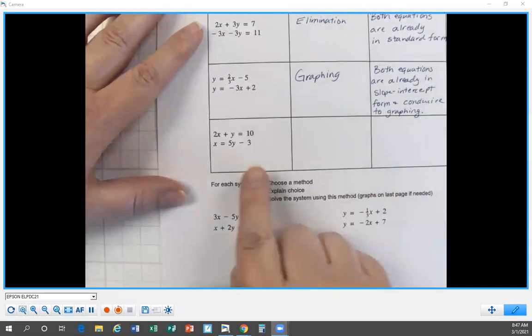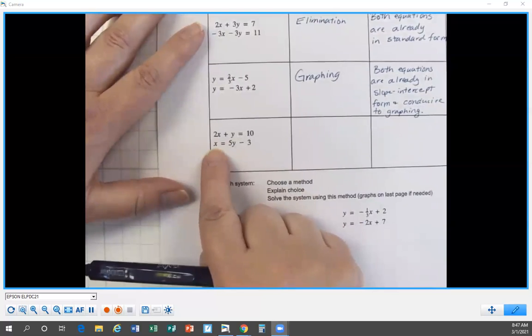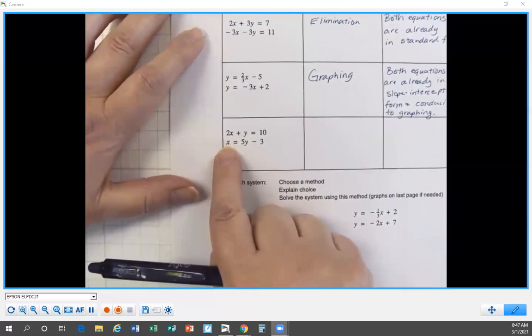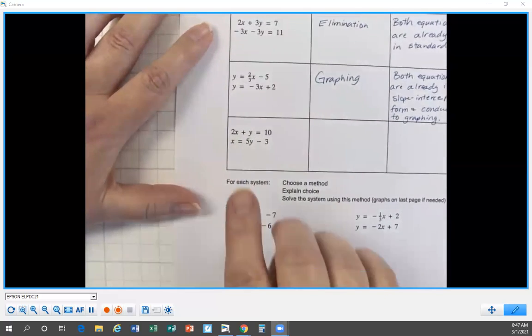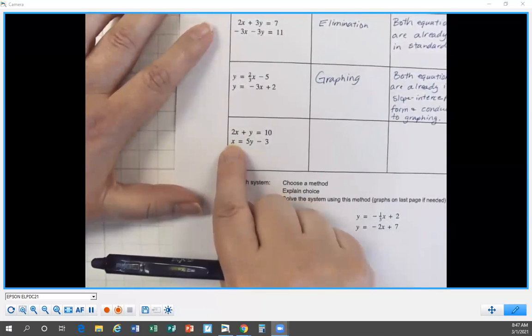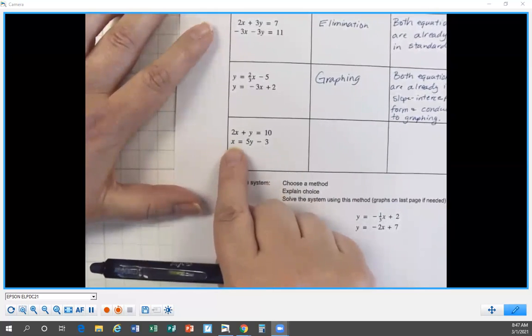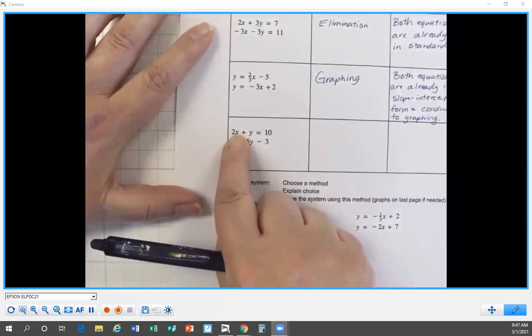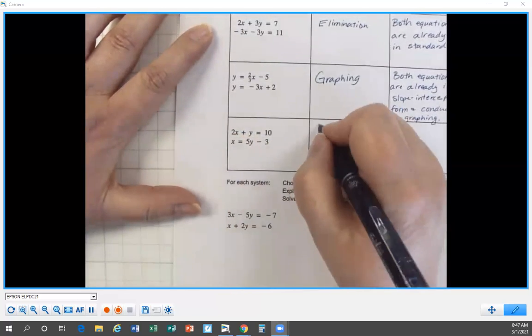And then when we look at the third example here, substitution, we see one of the equations already has a variable isolated, or maybe it wouldn't be quite isolated, but it could be, pretty close to being isolated, but the x is already isolated, so we can substitute that in for this x in the other equation and then solve for y.